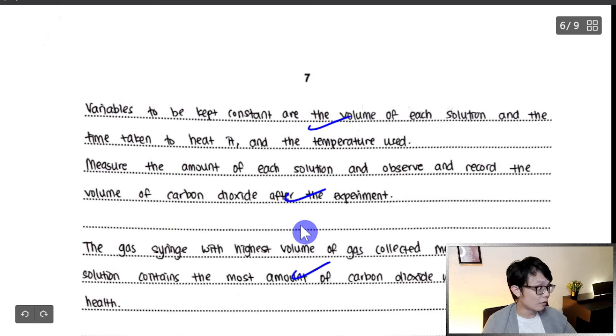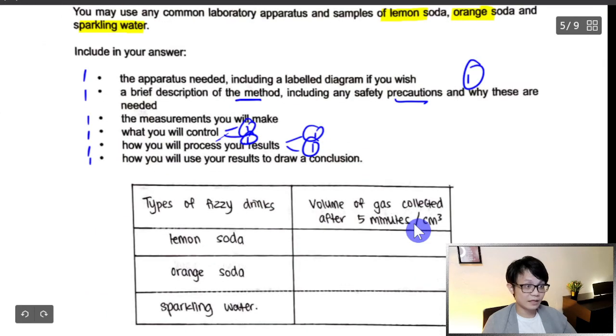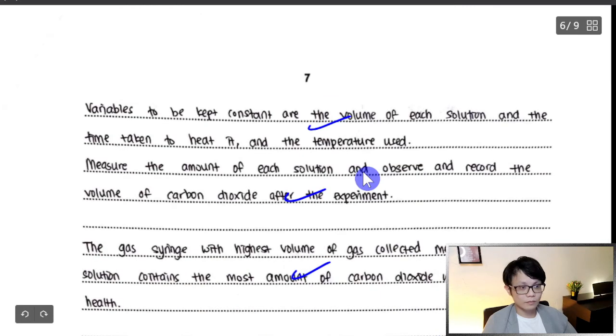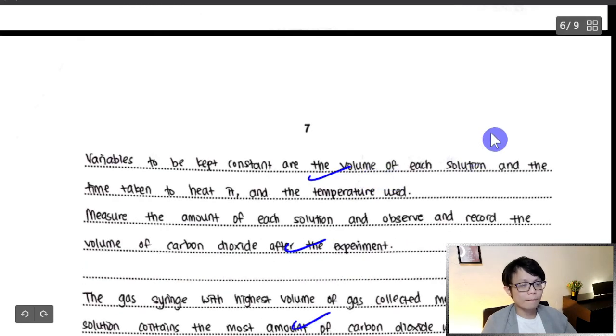For example, for the measurement, you can say heat it up until there is no more gas being produced, or wait for the apparatus to cool longer. Measure the volume of CO2 and the drink. I already wrote that, record the volume of carbon dioxide.